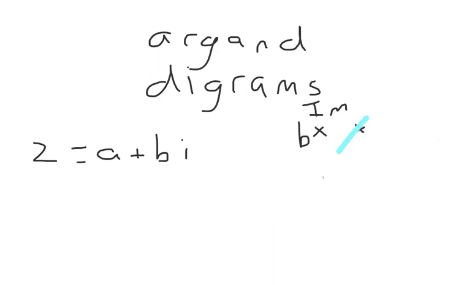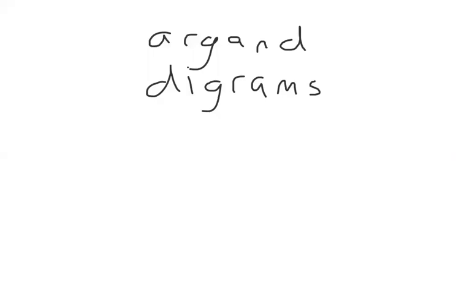But for this video, I'm going to be discussing how we can draw Argand diagrams, and I think it's quite simple. So the first diagram we're going to be looking at is a simple one. We're going to be looking at 2 plus i. So we look at 2.